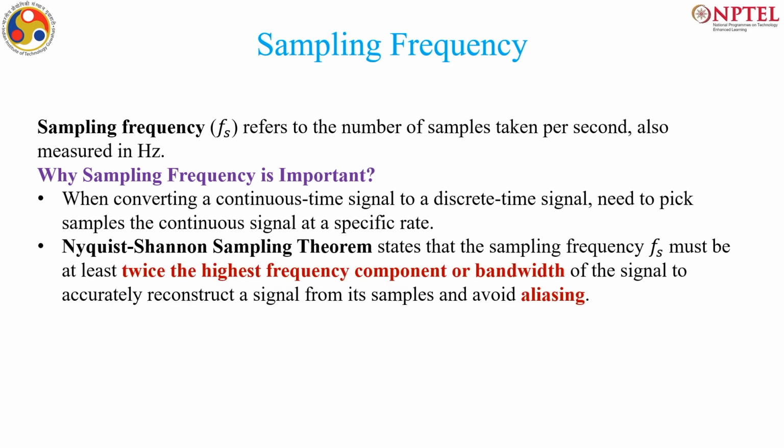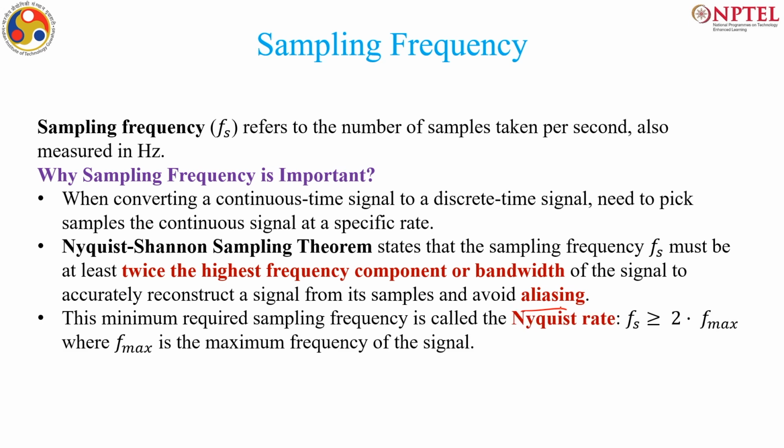And the important theorem here is the Nyquist-Shannon sampling theorem, which states that you should sample at least twice the highest frequency component or bandwidth of the signal to accurately reconstruct a signal from its samples, and this is done to avoid something called aliasing. This minimum sampling rate, which is at least twice the maximum frequency content, is called your Nyquist rate.